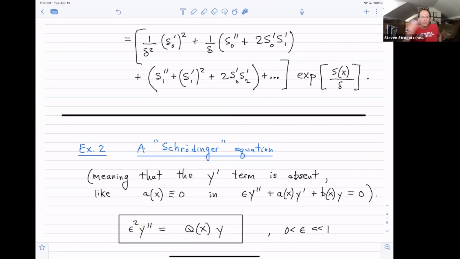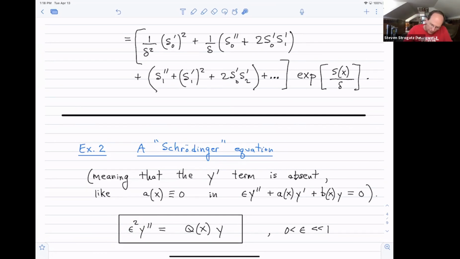And if you do happen to know some quantum mechanics, you might recognize that this term epsilon squared would be related to Planck's constant, right? That would be something like h bar squared over 2m. If the y is interpreted as the wave function in quantum theory, epsilon would be proportional to Planck's constant, which is small in some sense.